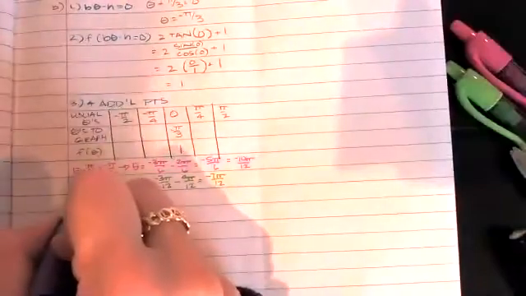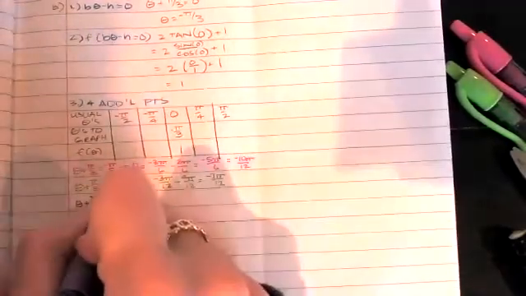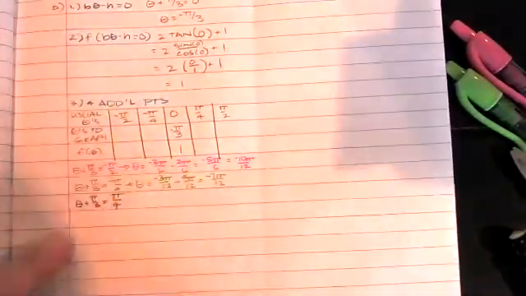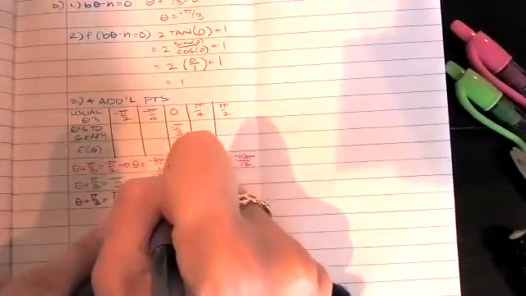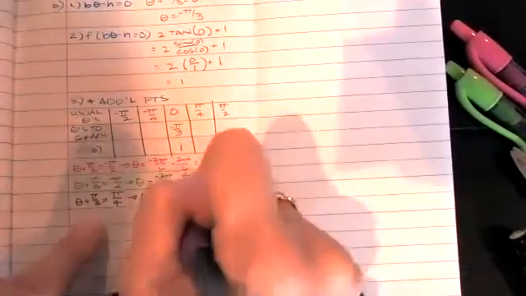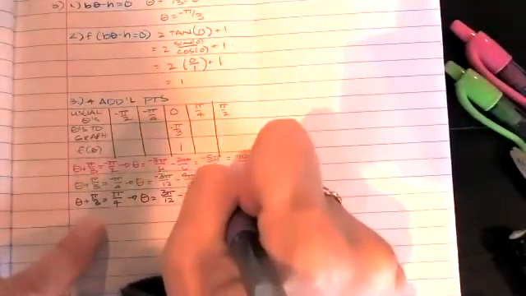So our next to last one, theta plus pi over 3 equals positive pi over 4. And that gets us theta equals, again, 3 pi over 12 minus 4 pi over 12, which is negative pi over 12.